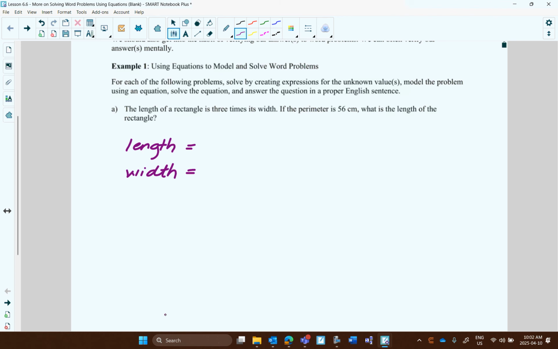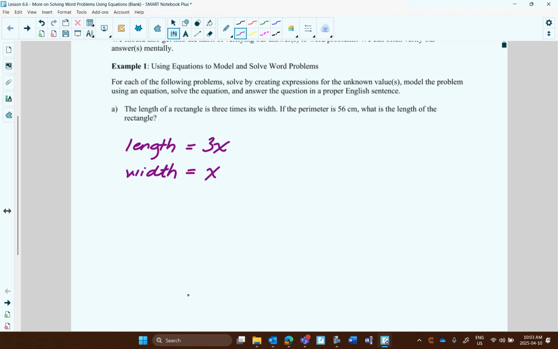We know that this length is 3 times this. What do you want to call each? Let's call the width x, and the length is 3 times that, so it's 3x.